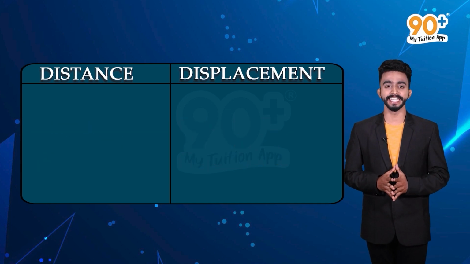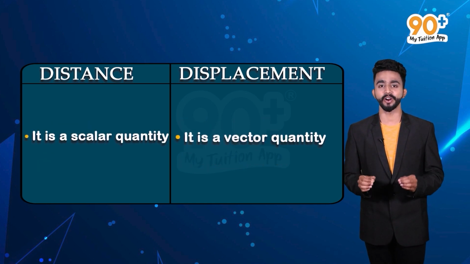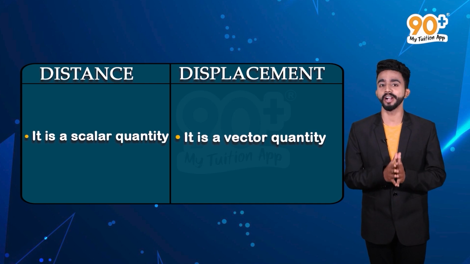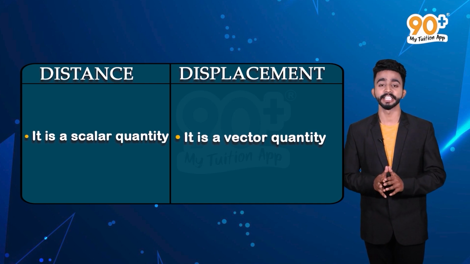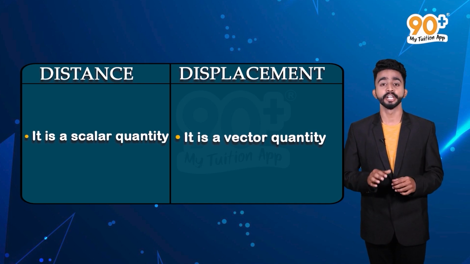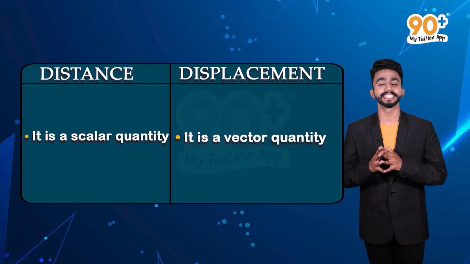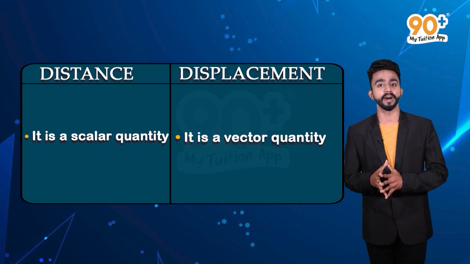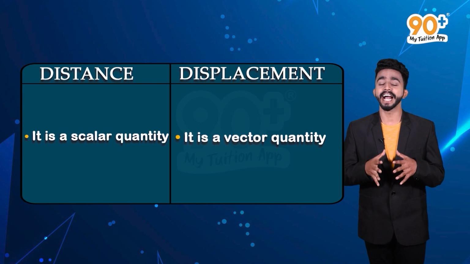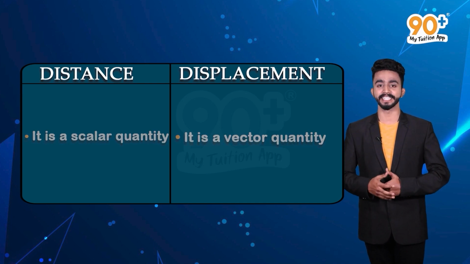Then the next point is distance is a scalar quantity whereas the displacement is a vector quantity. I hope you know that scalar quantities are physical quantities which are completely described by their magnitude, which means no other information is required to specify them apart from the magnitude. Don't forget that a vector quantity has both magnitude and direction.